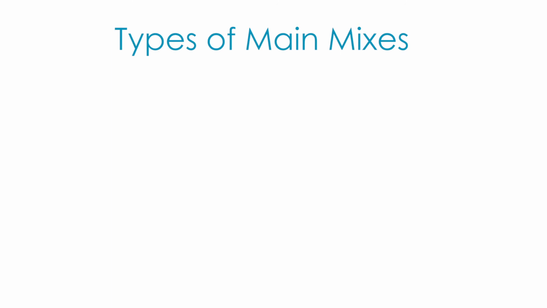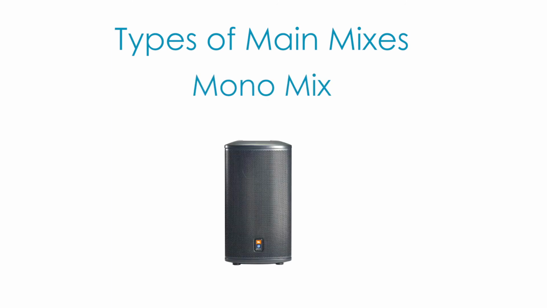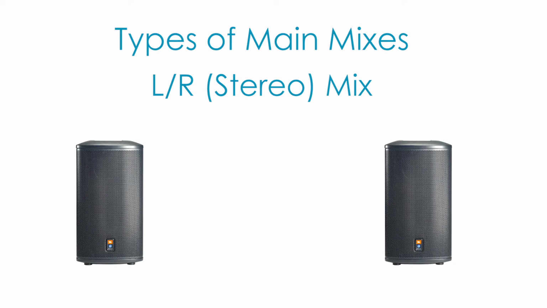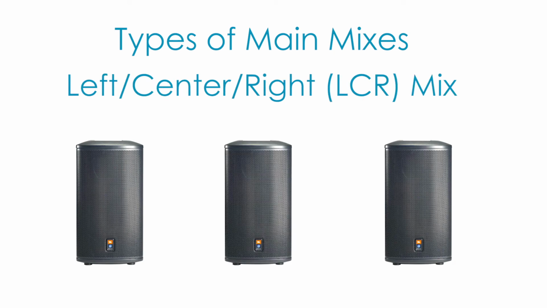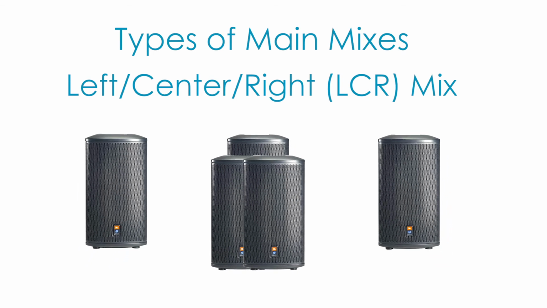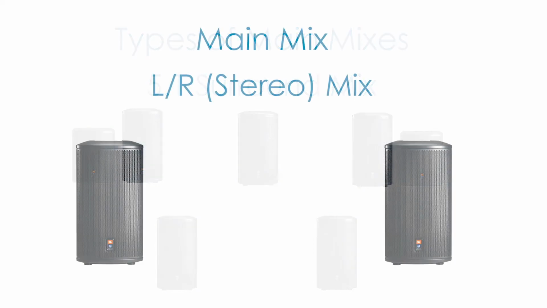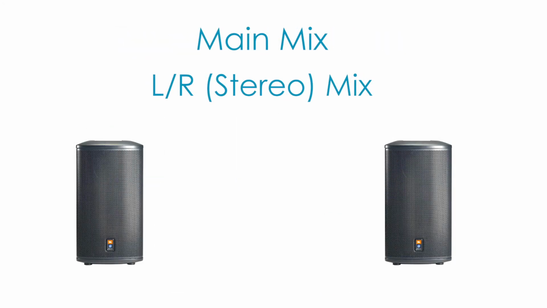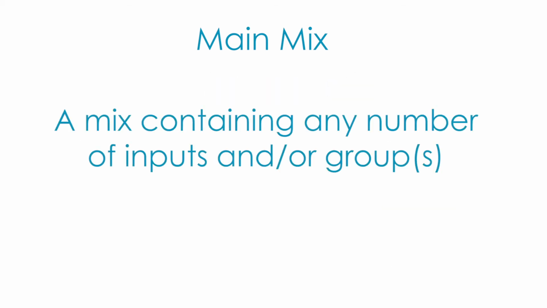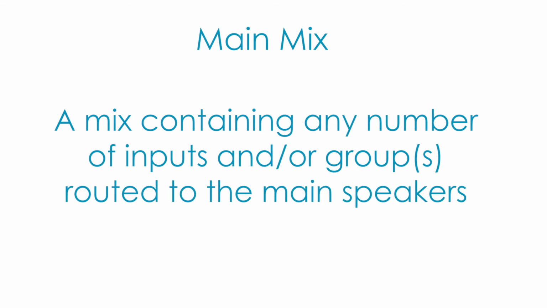There are several types of main mixes, such as a mono mix, a left-right or stereo mix, a left-center-right mix, and a 5.1 surround sound mix. But the one we use is the stereo mix. In summary, a main mix is a mix containing any number of inputs and/or groups routed to the main speakers.